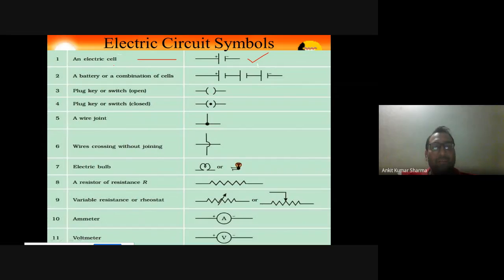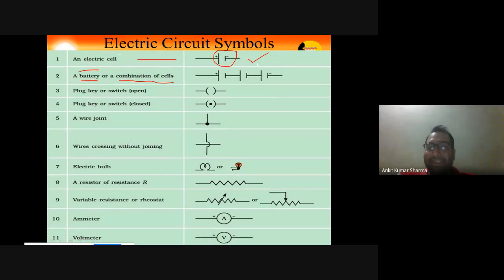When we talk about the battery, the battery is defined by a combination of cells. जब इलेक्ट्रिक सेल की बात कर रहे थे तो एक सेल की बात कर रहे थे, तो this is only one cell. ओके, अगर हम बैटरी की बात करते हैं तो बैटरी का मतलब हो गया a combination of cells.